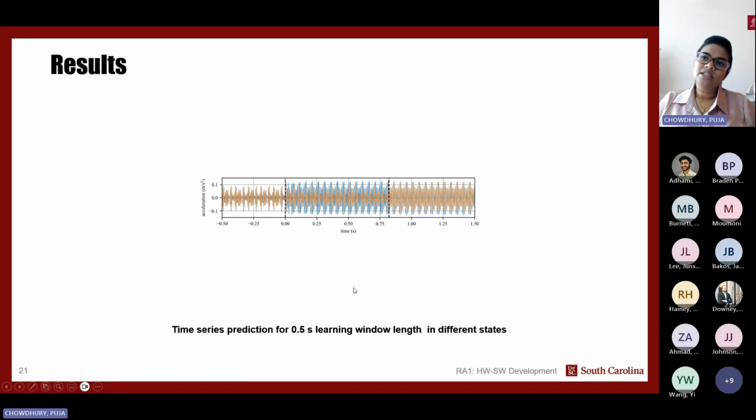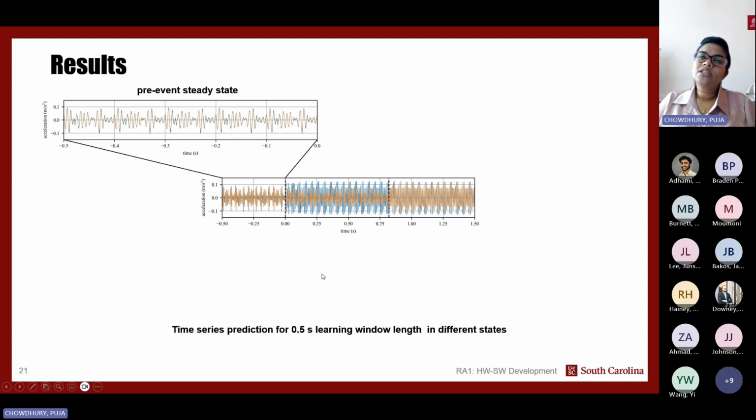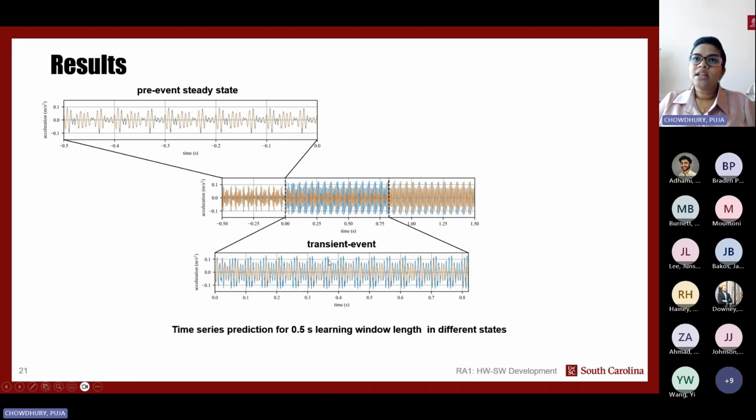For analyzing the result of this approach, I considered three different stages over the data. Here we just explain for one single data set when we consider a learning window of 0.5 seconds. The first event is the pre-event steady state. The next event is the transient event. What is the transient event? It is the transition from non-stationary to stationary to non-stationary.